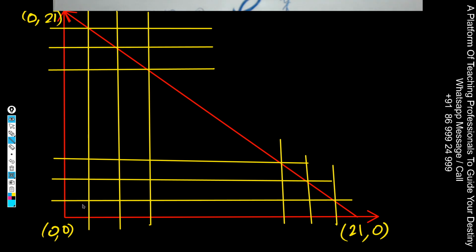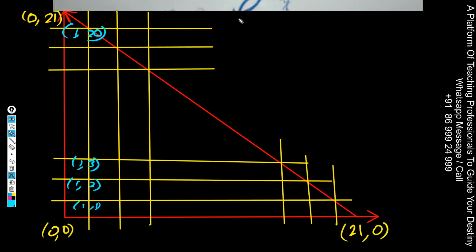This is the point 1 comma 1. What is this point? 1 comma 2. What is this point? 1 comma 3. What is this point? 1 comma 20, which we don't need because it is lying on the triangle, but we need the points which are strictly inside the triangle.